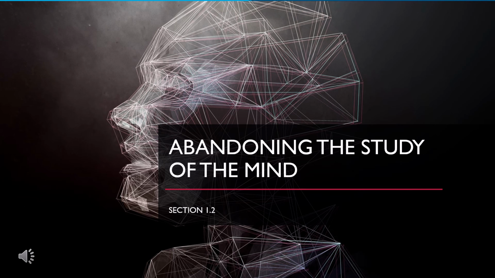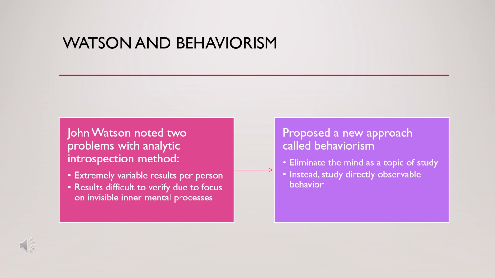Early cognitive research faded as behaviorism rose, and behaviorism focused only on observable behavior and not the mind. With cognitive psychology, we look to focus more on the mind. So John Watson did the Little Albert experiment, and that's probably what he's most known for, around 1919, 1920.